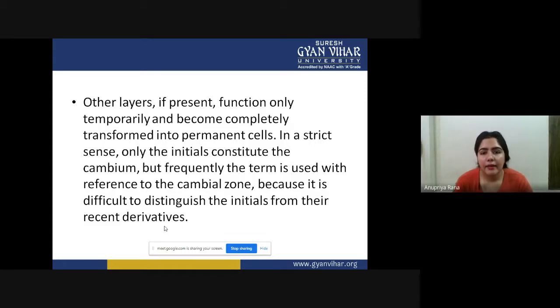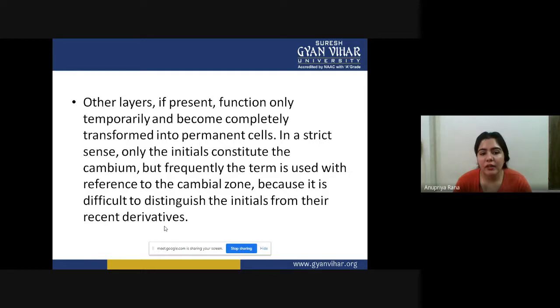When just one layer becomes permanent, what happens to the other layers? If present, they function only temporarily and become completely transformed into permanent cells. Their dividing function is temporary, and after some time they are completely converted into permanent cells.